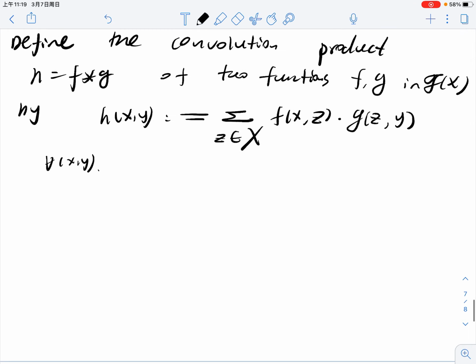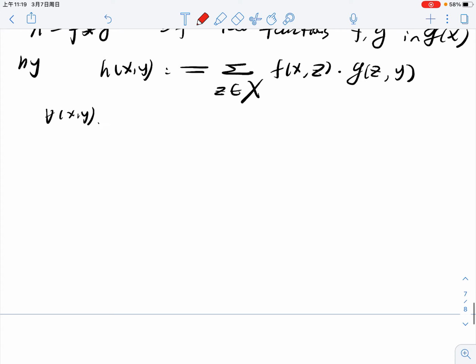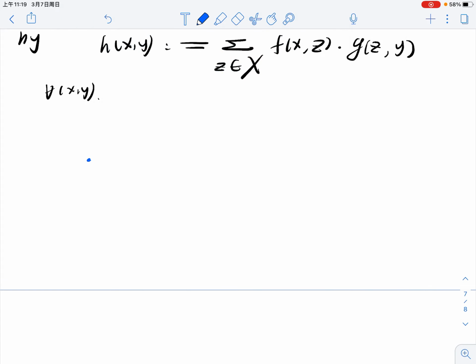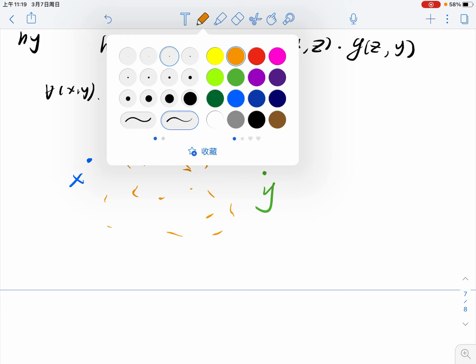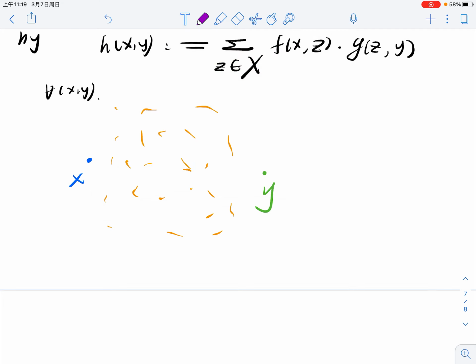And I can give you some kind of pseudo-physics explanation. Here you have source x, here you have target y, and how to compute h? You have a lot of points in between, and to compute h, you need to consider all the two-step paths.